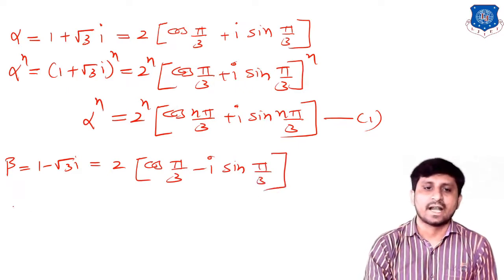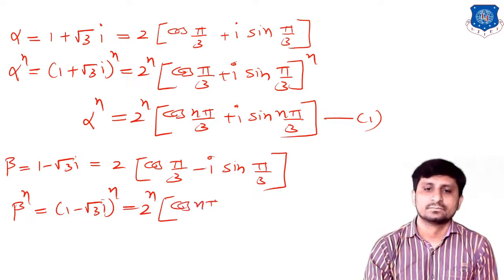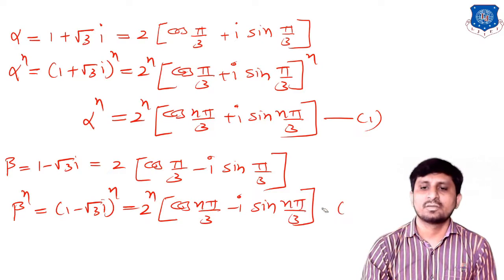Now beta raised to n, that is (1 minus root 3 i) raised to n, can be written as 2 raised to n (cos n pi by 3 minus i sin n pi by 3). Call this equation number 2.